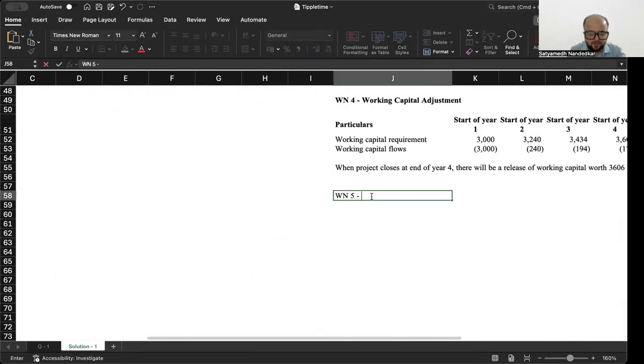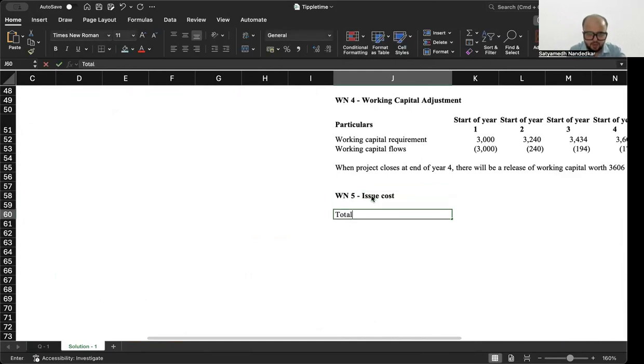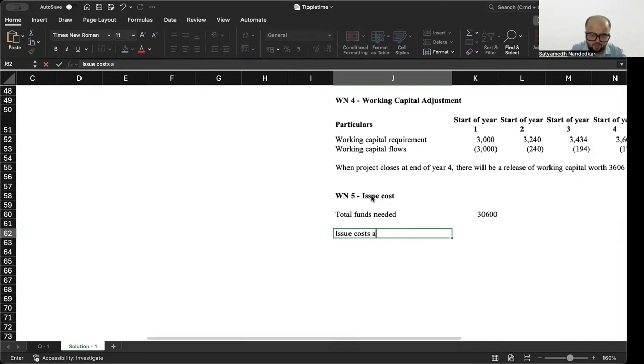Working note 5, issue cost. Total funds needed 30,600. Issue costs are paid out of available cash reserves of the company.